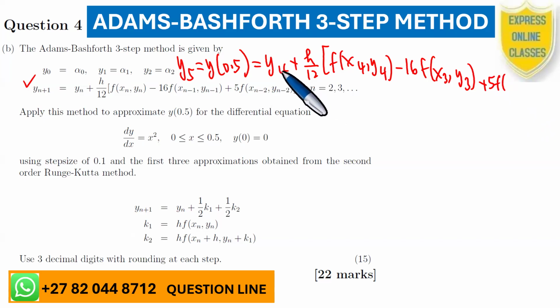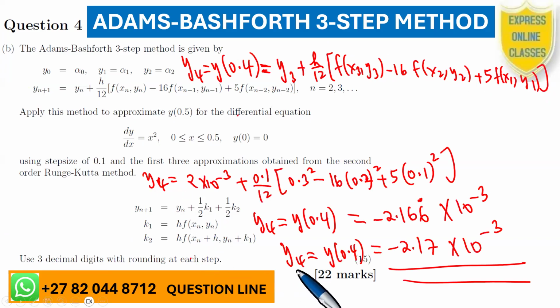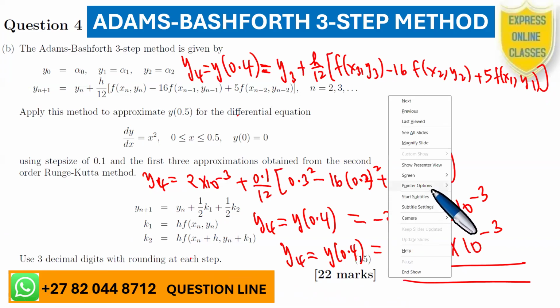When n is 4, you get 2. So right now, if we have y sub 5, what is y sub 4? Y sub 4 is minus 2.17 times 10 to the minus 3.